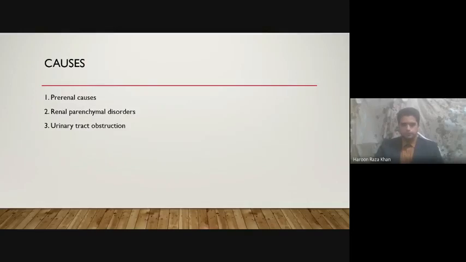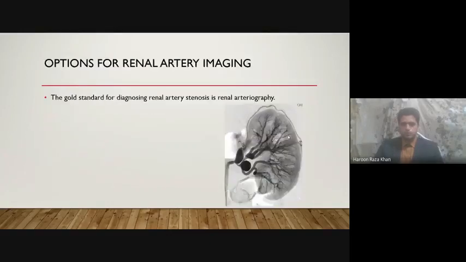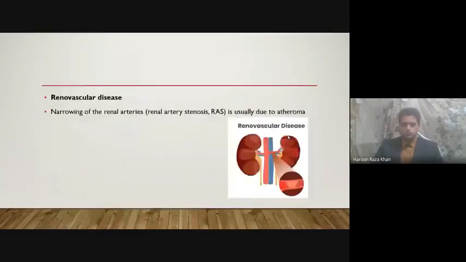First is prerenal, usually caused by reduced kidney perfusion that leads to a fall in the renal filtration rate. So if I show you the image above, pre-renal means before the renal cause. If there is perfusion or pathology here, that will be pre-renal.